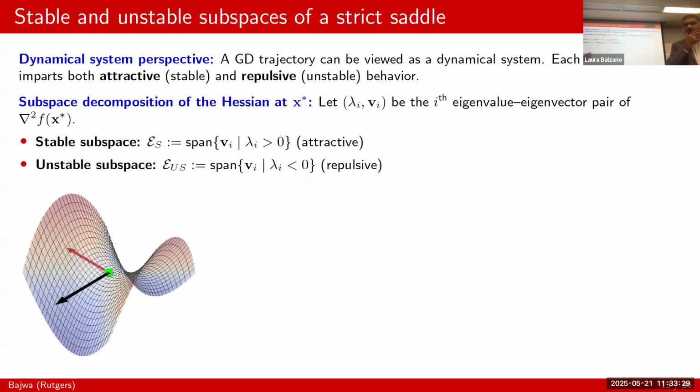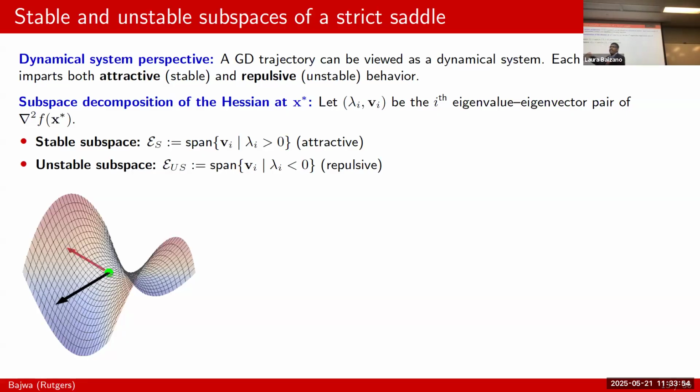To do this, we just take a very simple breakdown of your manifold around the strict saddle. We look at the Hessian at your saddle point, and the Hessian, of course, has an eigendecomposition, and what it has is two subspaces.